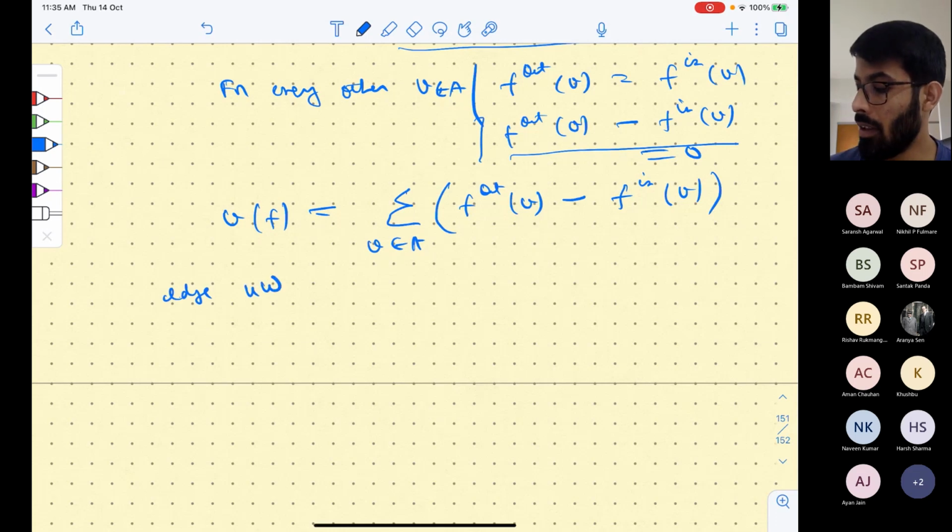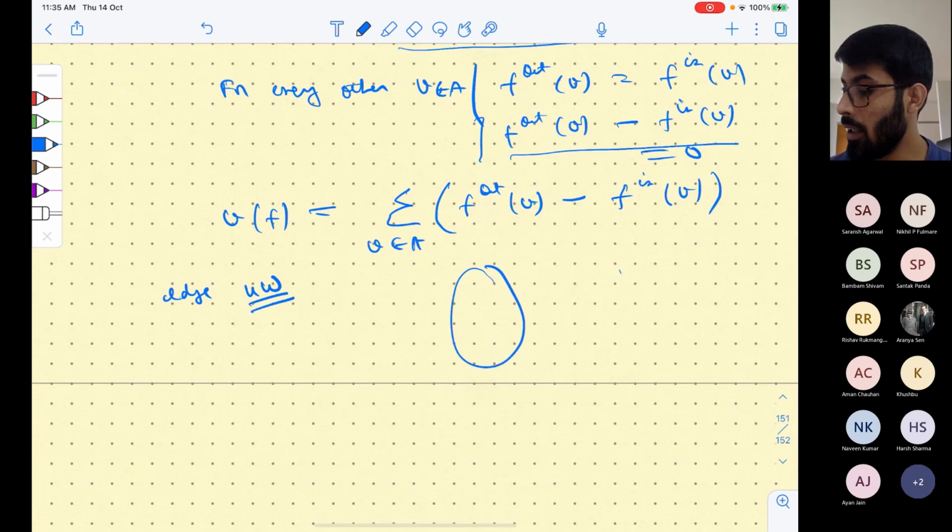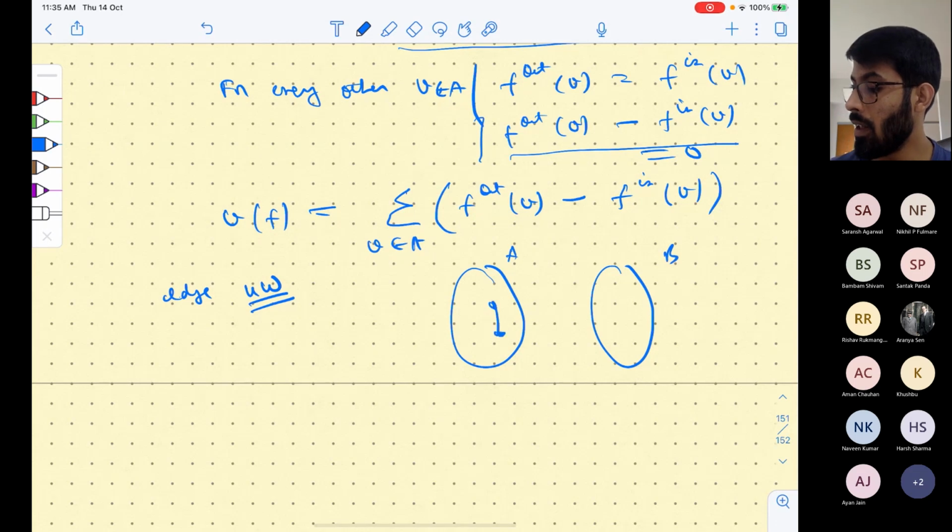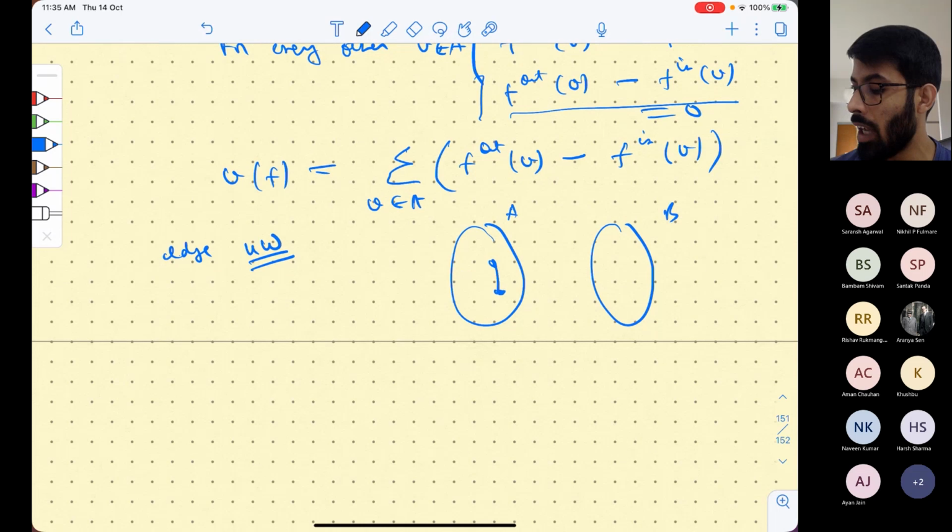or let's say edge UW, right? And you have this A, you have this B, right? If an edge is inside, so I want to see how many times the F of E will be coming as positive or negative and so on.